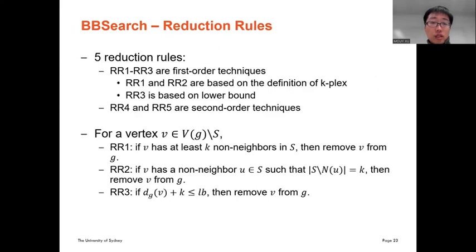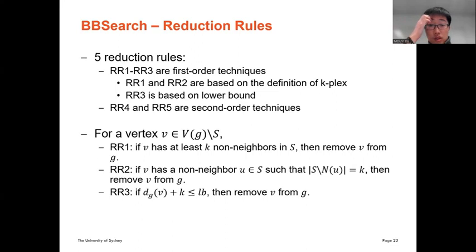And for the 5 reduction rules, the first 3 are based on first order techniques, which are based on degree information. Reduction rule 4 and reduction rule 5 are second order techniques, which consider 2 vertices and the relationship between these 2 vertices and S. For the first order techniques, reduction rule 1 will remove the vertex V which already has k non-neighbors in S, since V would go against the definition of k-plex.